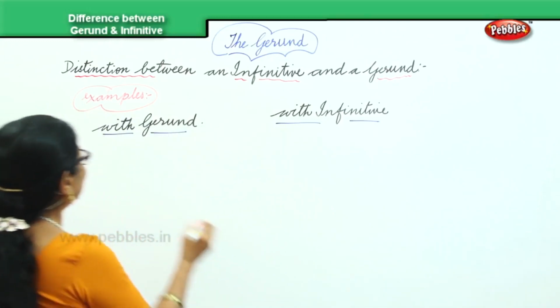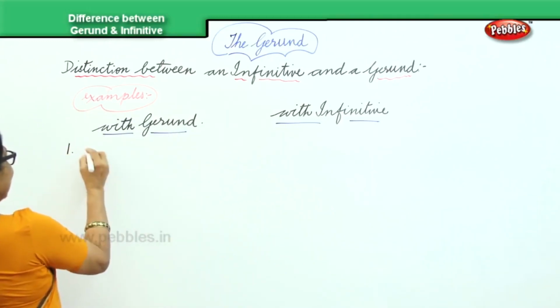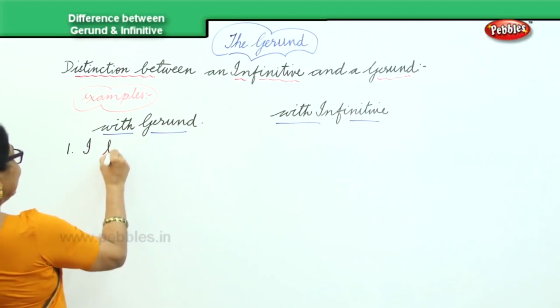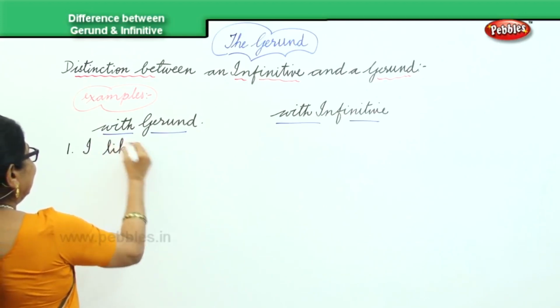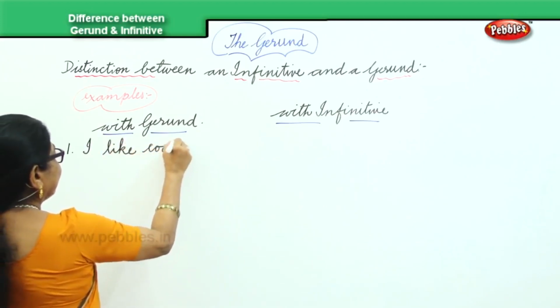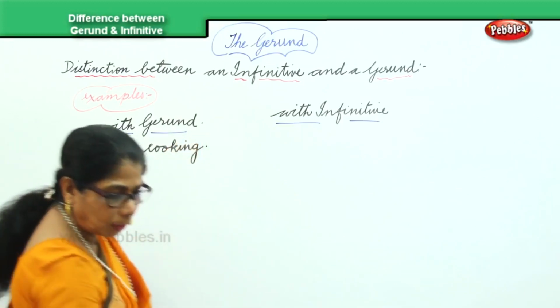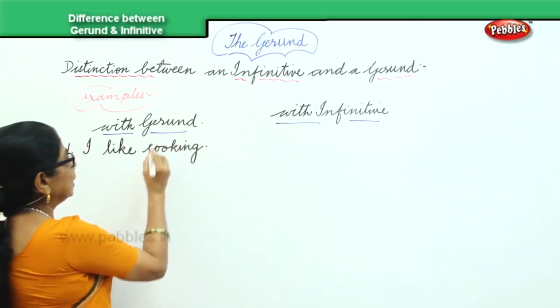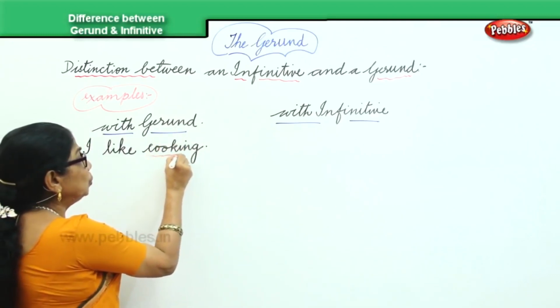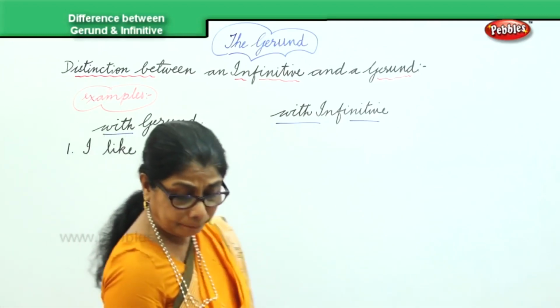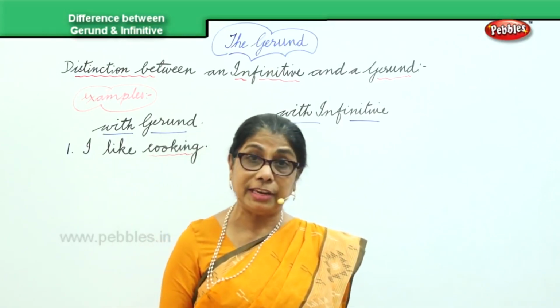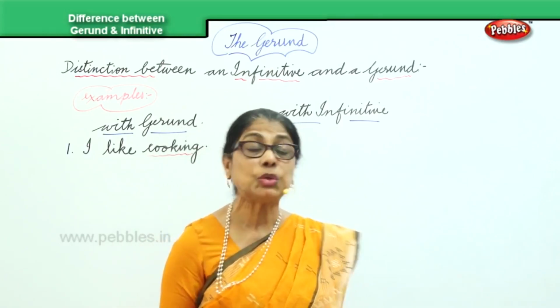First, I like cooking. When you say "I like cooking," the gerund is cooking. In the gerund we use -ing, but in the case of the infinitive, we add "to" to the verb.